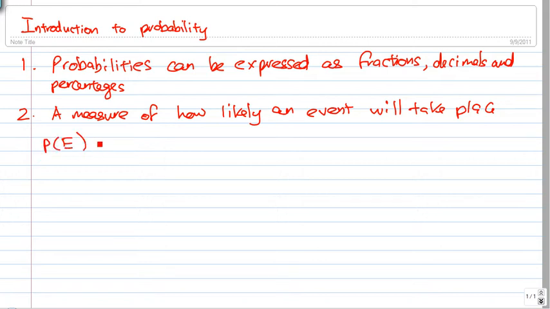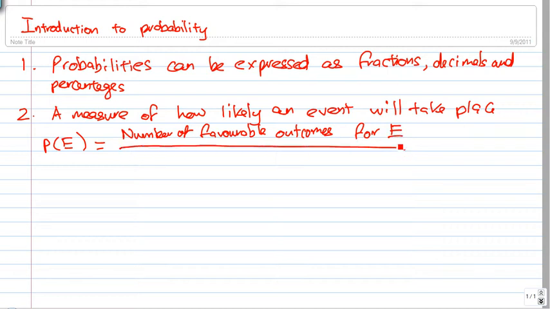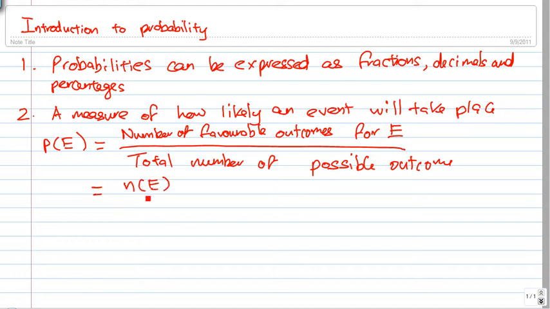The mathematical denotation is such: the number of favorable or positive outcomes, according to what you deem to be positive, for E, over the total number of possible outcomes, or the number of outcomes in E over the number of possible outcomes in S.